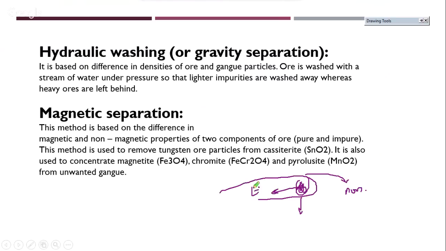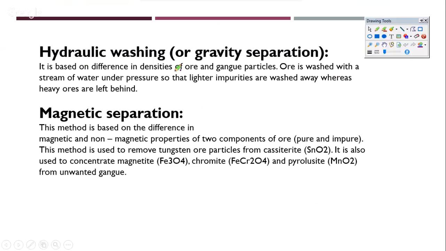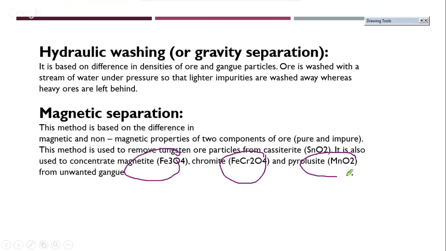This is an electromagnet that we use, and the electromagnet makes all of these substances fall close to the magnet, and the others are thrown out. Some of the ores that use this process are magnetite, chromite, pyrolusite, even cassiterite. These are some of the ores where you can use magnetic separation as a process.